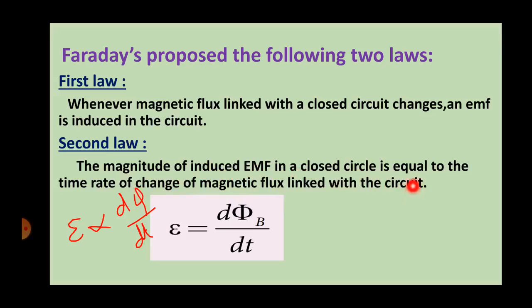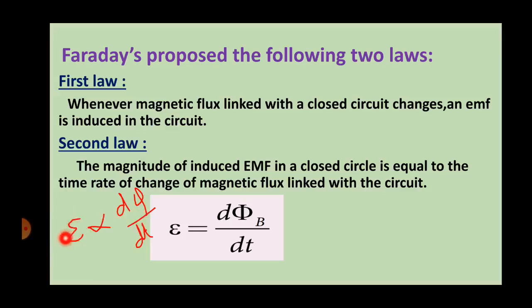So student, in another definition, the magnitude of induced EMF in a closed circuit is directly proportional to the rate of change of magnetic flux with the circuit. Therefore, E is directly proportional to dφ by dt. This symbol you already studied in the first lesson, but now in this lesson we call it induced EMF.